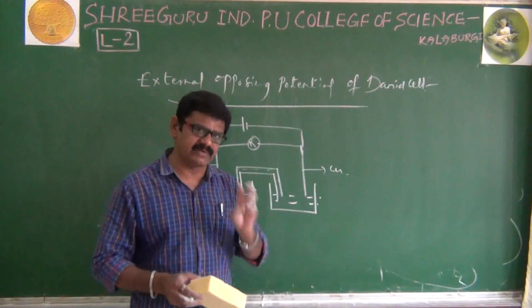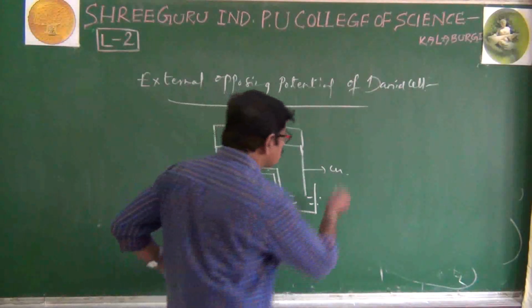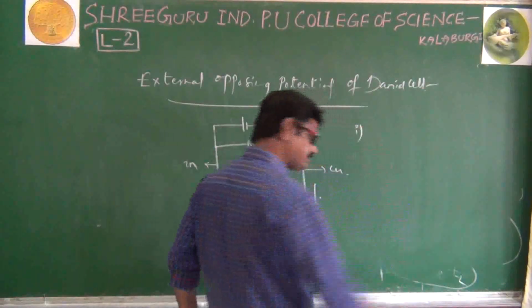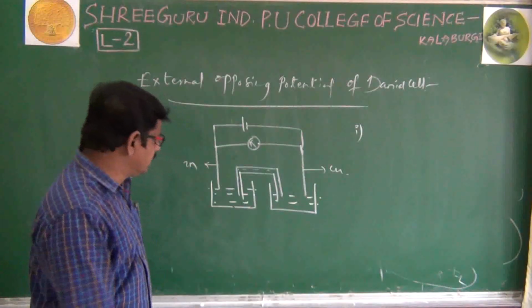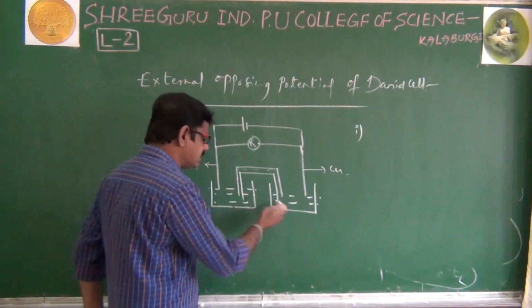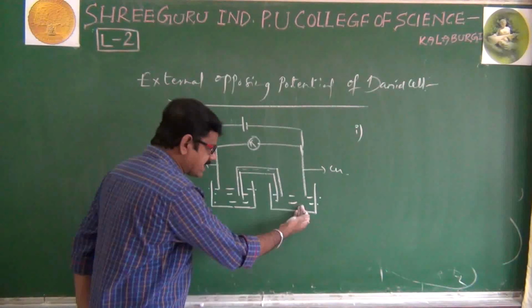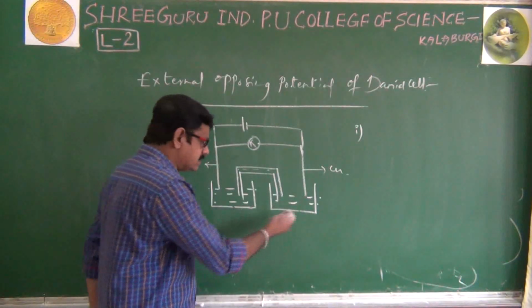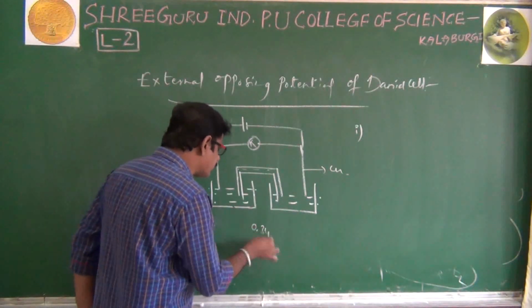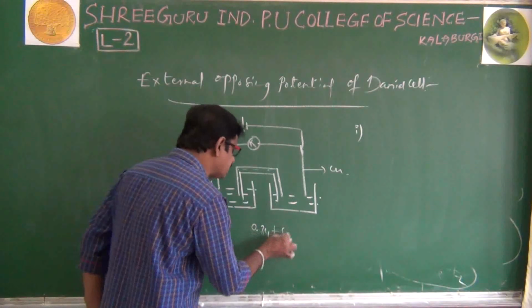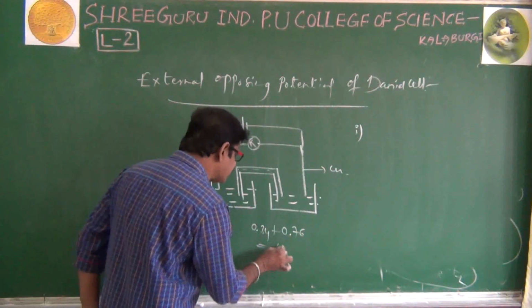For that purpose, we have a total of 3 cases. What are those 3 cases? Case number 1. You already know the Daniell cell EMF value, cell potential value, we just calculated: E naught cathode minus E naught anode, 0.34 minus of minus 0.76, if you add you will get 1.1.